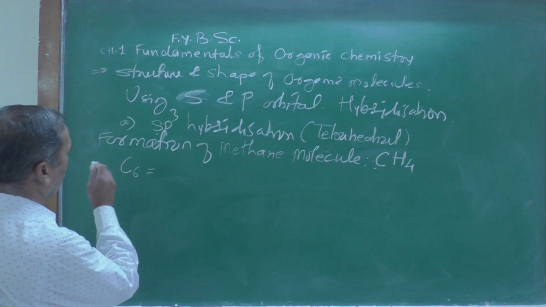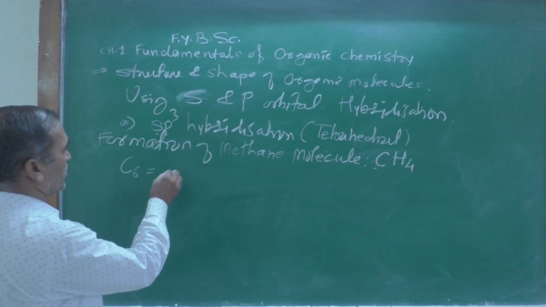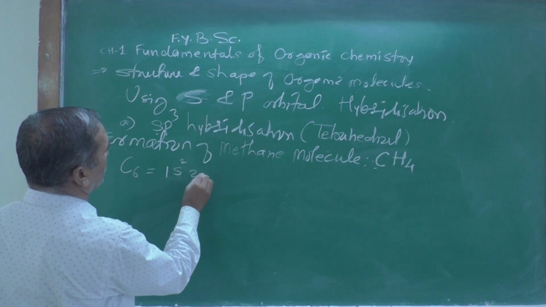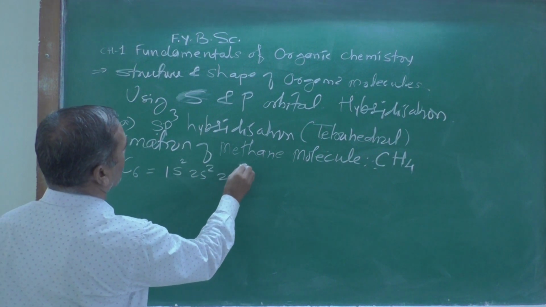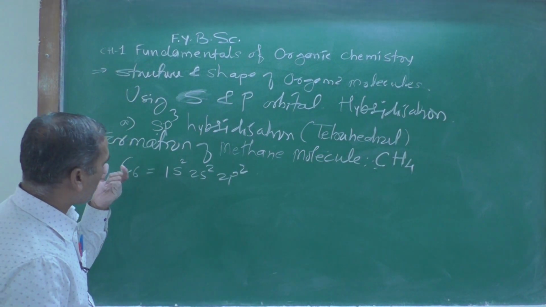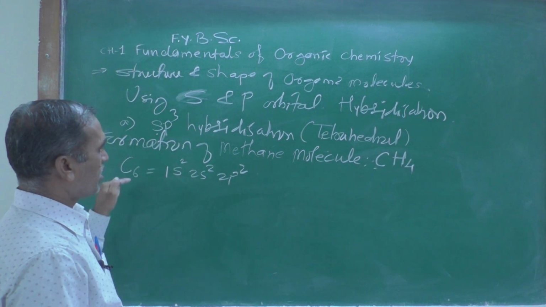So let us see the carbon atom. The electronic configuration is 1s2, 2s2 and 2p2, for the 6 electrons of carbon. The atomic number is nothing but the number of electrons present in the carbon atom.